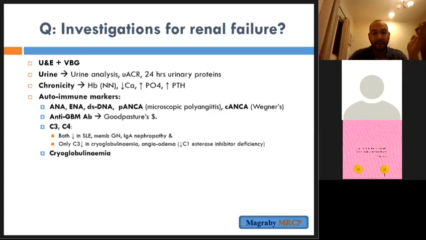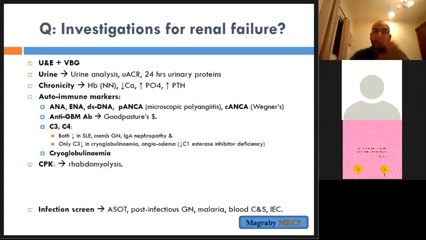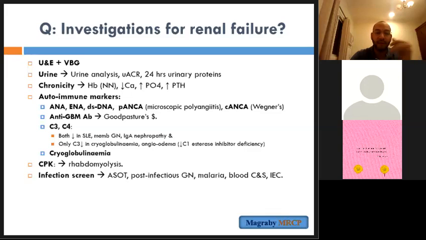The autoimmune markers are very important, like ANA, extractable nuclear antigen, double-stranded DNA, ANCA-B, ANCA-C, C3, C4, anti-glomerular basement antibody, and cryoglobulin. CK is very important, like in a patient who runs a marathon or young athletes, who may have rhabdomyolysis. Do an infection screen, including antistreptolysin, for possible post-infectious glomerulonephritis. Maybe the patient has malaria; do blood cultures to rule out infective endocarditis.